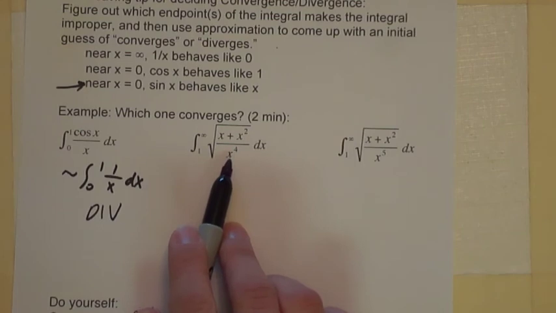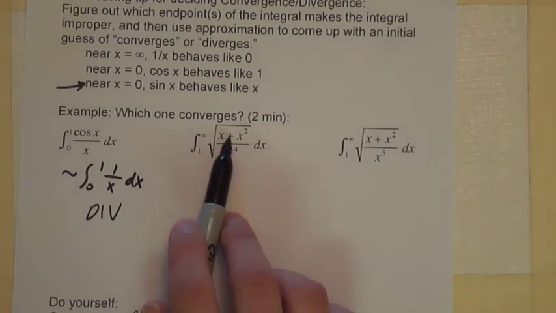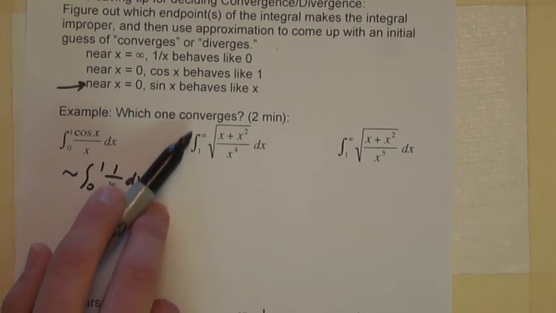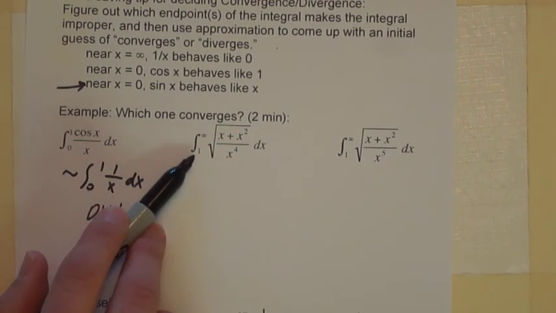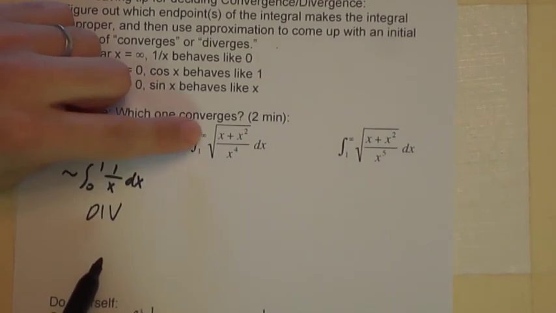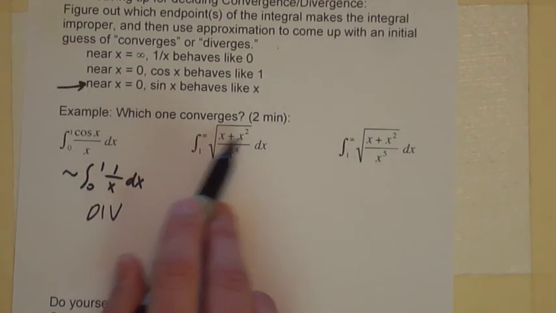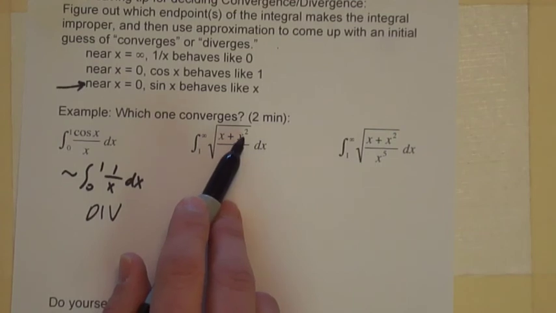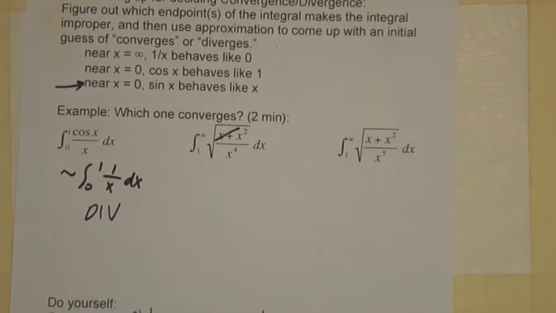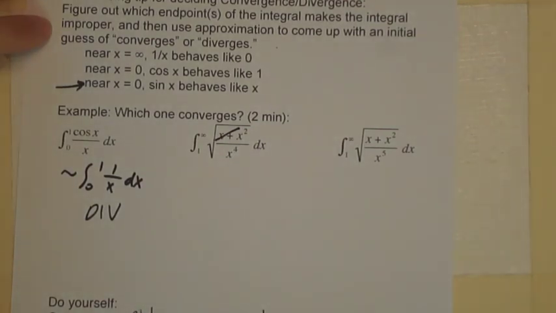Let's look at this next one. The square root of x plus x squared over x to the 4th. Which endpoint makes the integral improper? It's the infinity, not the 1. The infinity is the issue. So near infinity, which is more important, x or x squared? Well, x squared is much bigger than x near infinity. So you can forget the x. That's not the important part.